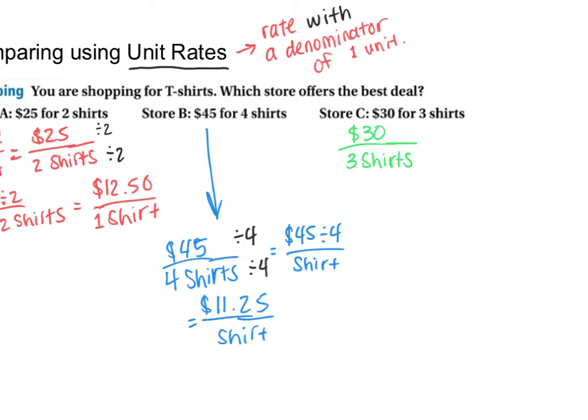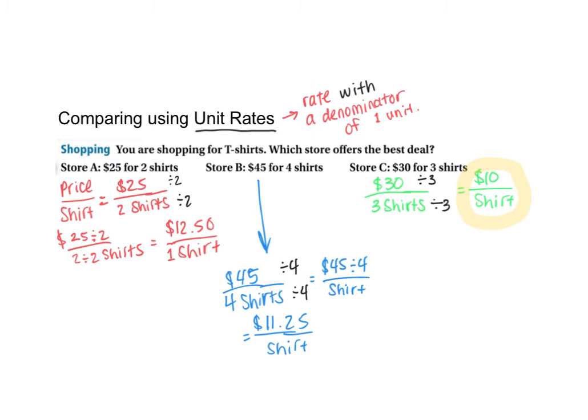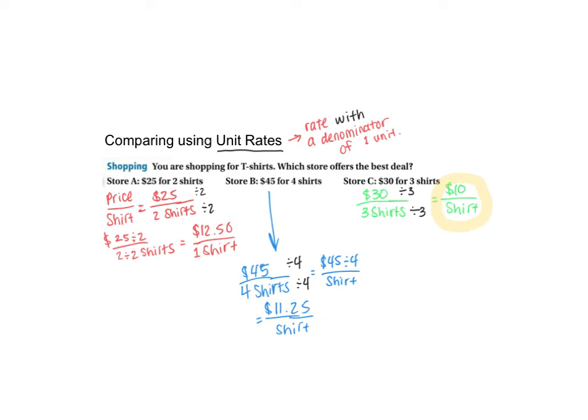If we divide by 3 to both the top and the bottom, we are going to get that it is $10 per shirt. So in that case, this would be our answer. It is the cheapest dollar amount per shirt. So store C is offering the best deal.